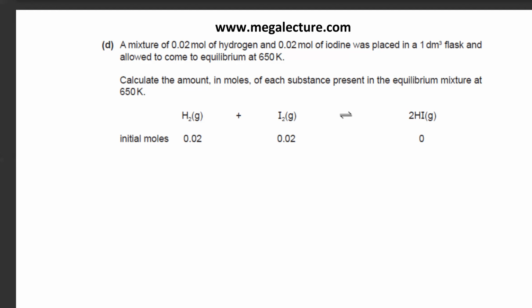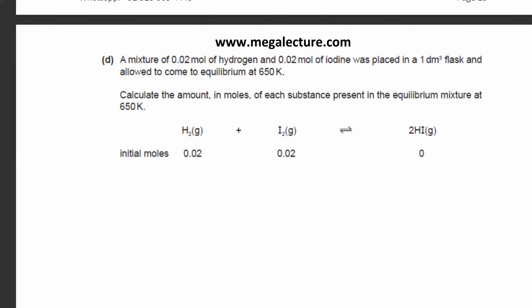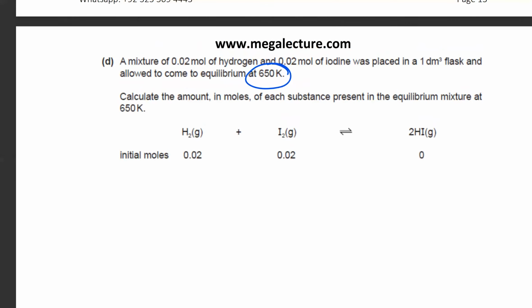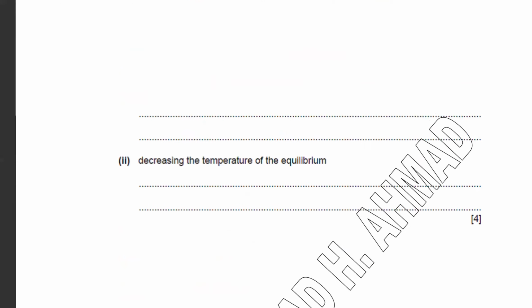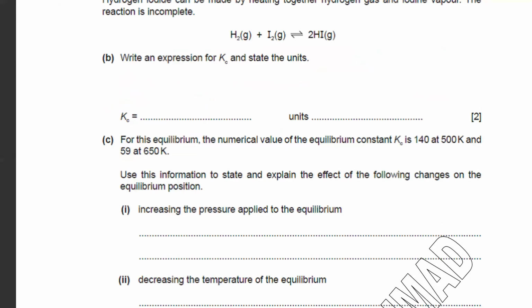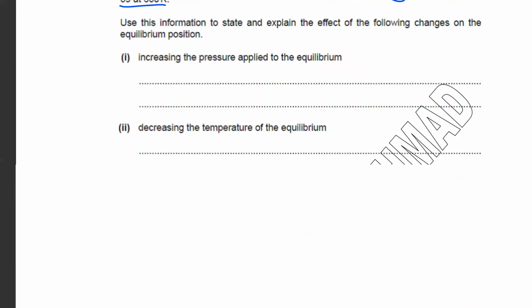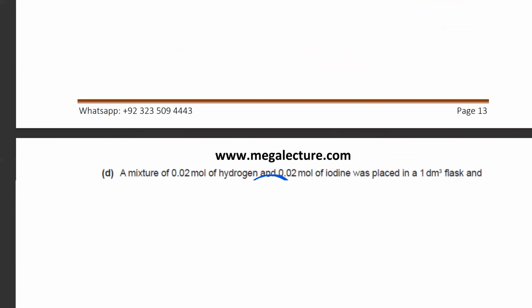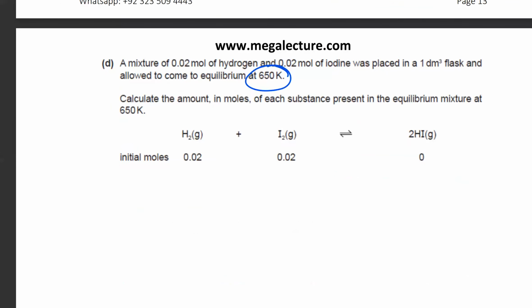Okay, there's a mixture, initial moles are given, and they've given you the value of Kc at 650 kelvins. Well, in the previous part, they gave you the value of Kc at 650 kelvins. They gave it as 59. So the Kc value is provided in the previous part, and the Kc value at 650 kelvins is 59. So you're going to solve this.